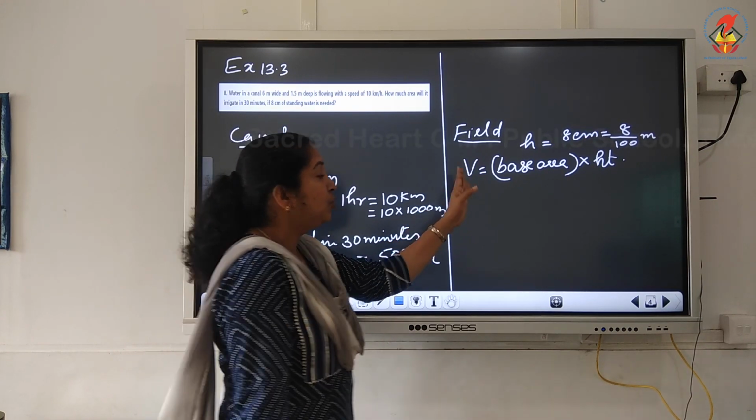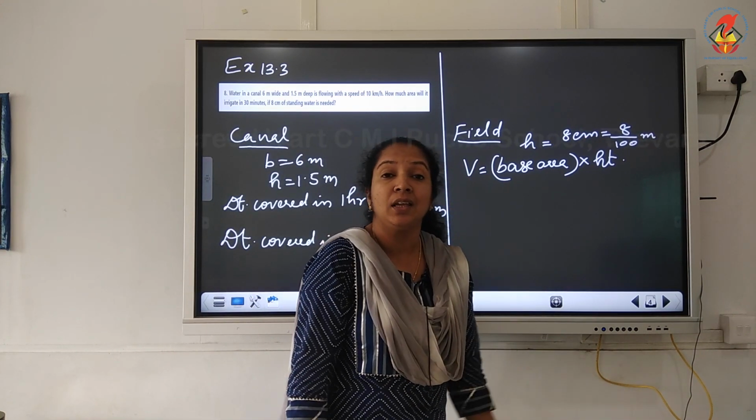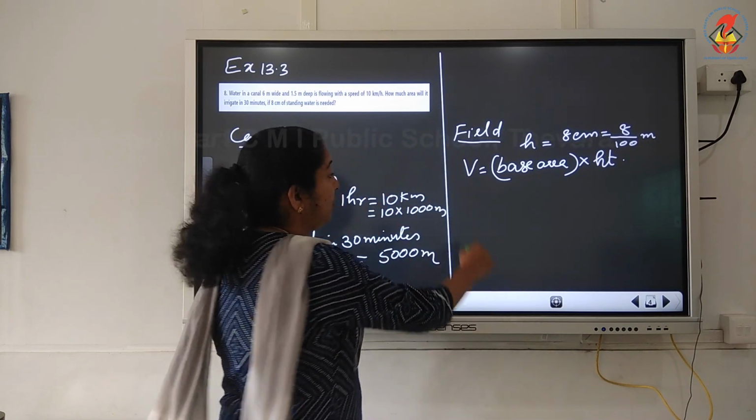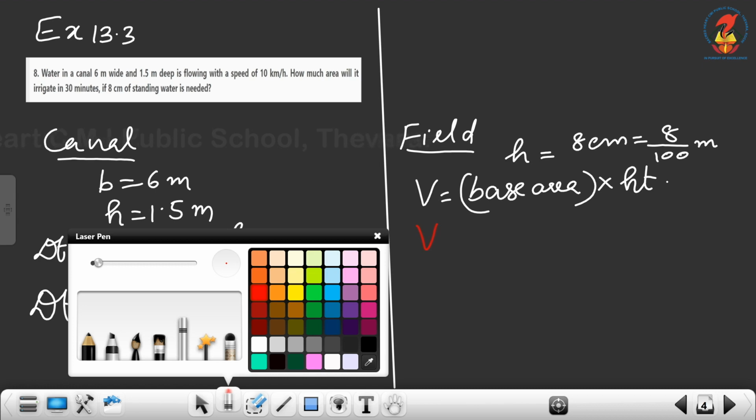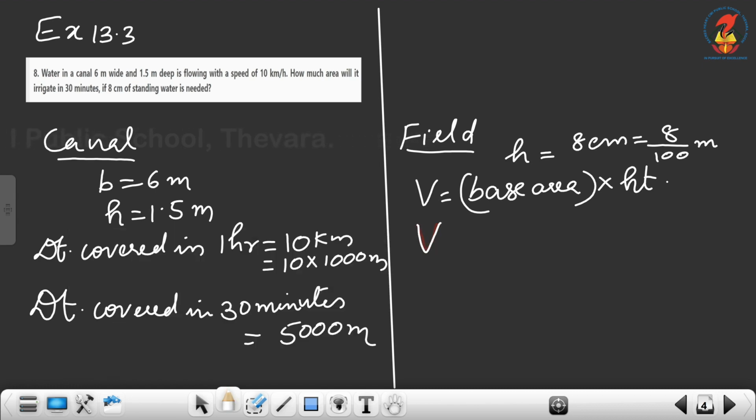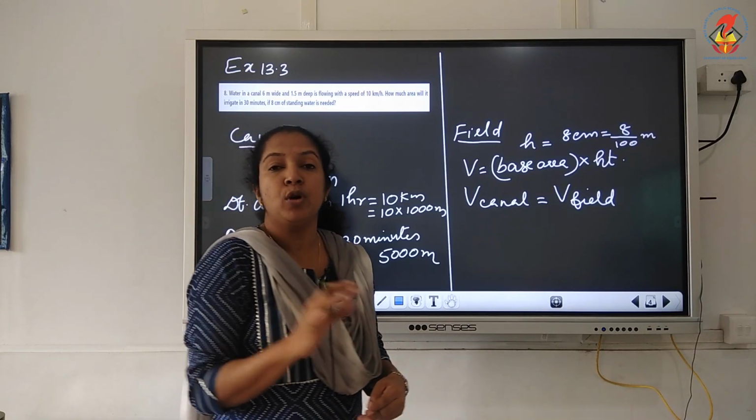That means we have to use the volume as base area into height. So, volume of the canal is equal to volume of the field.